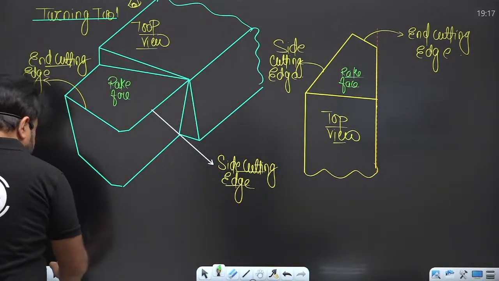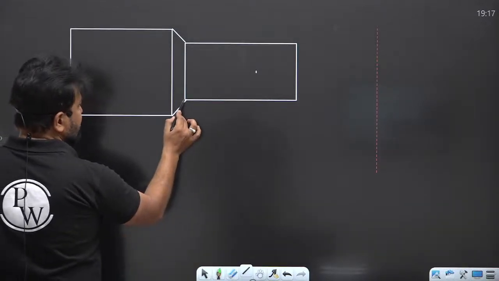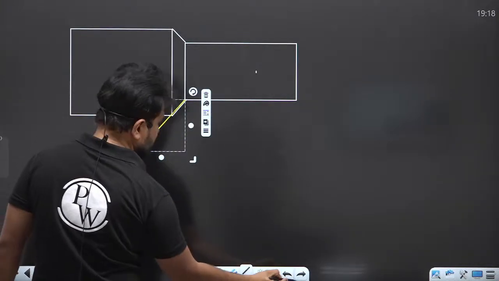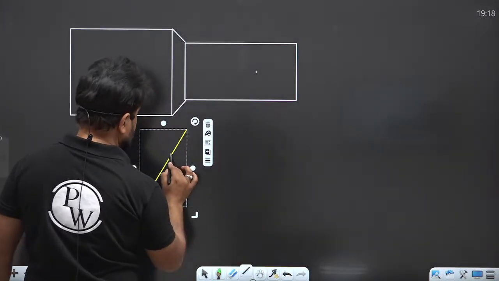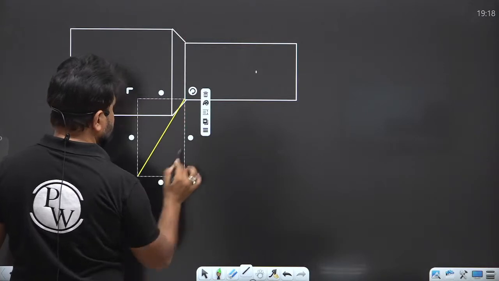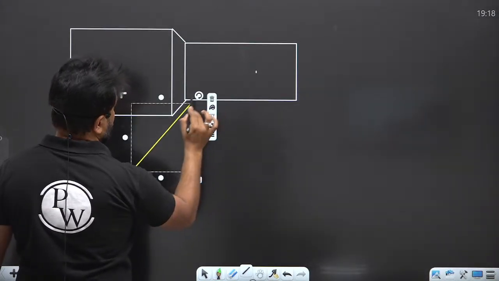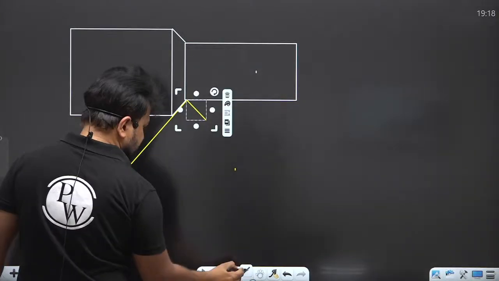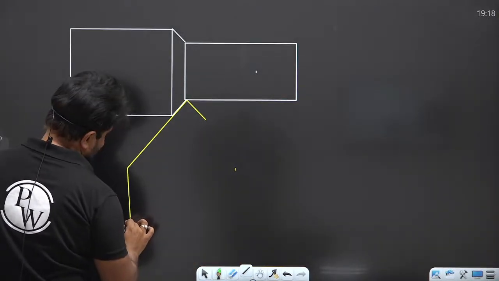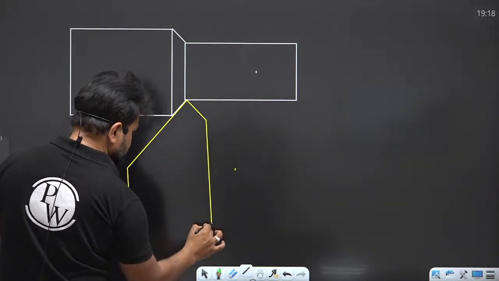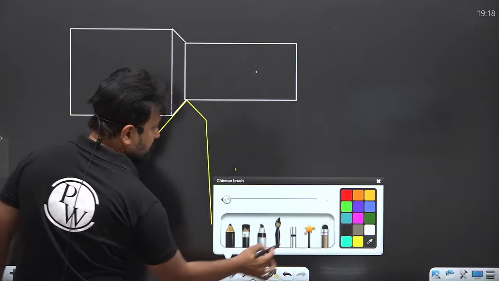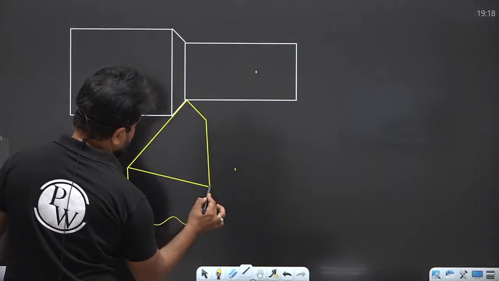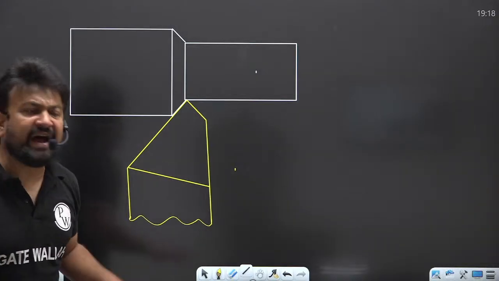Now this is a tool. Now this is a turning operation. Please see. This is a turning operation, right?